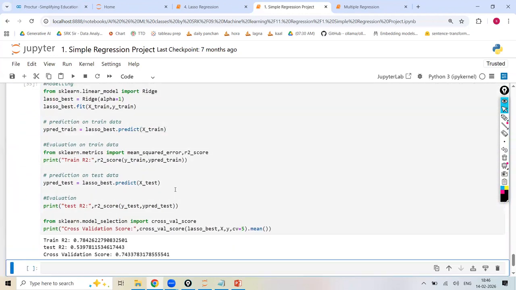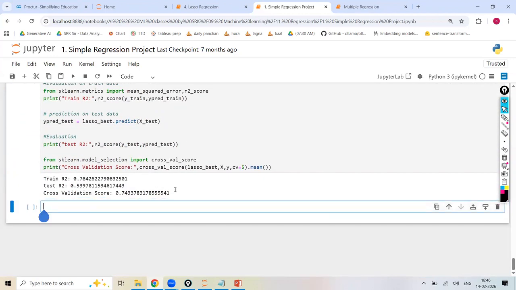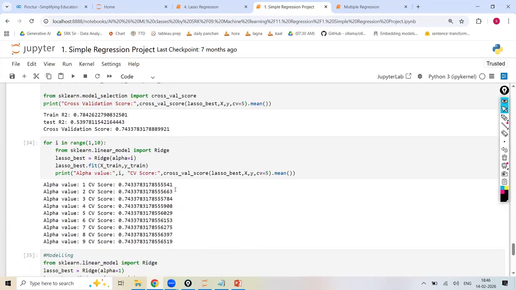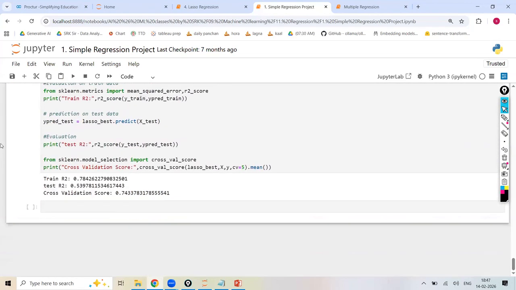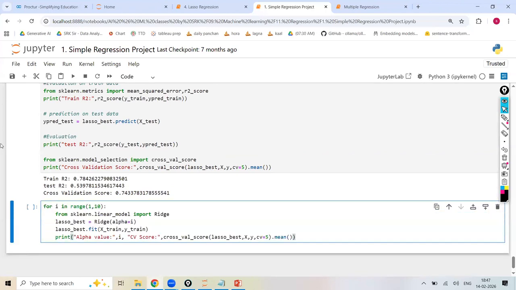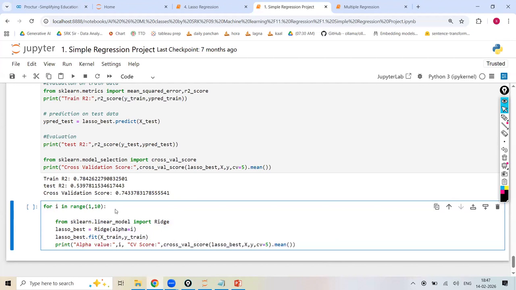And coming to the elastic net. Finally, the next model is elastic net. So for elastic net, I'm going to try it. But for elastic net, alpha is there, lambda also is there. Two parameters are there. Now I'm going to start with two for loops.